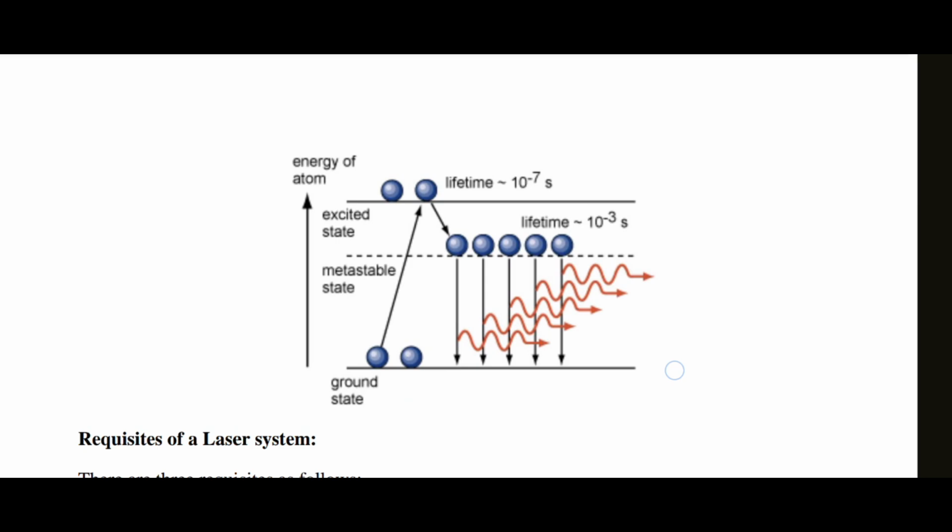Thus, population inversion cannot be achieved. For establishing population inversion, the excited atoms are required to stay there for an appreciable time. Such long-lived upper-level states are called metastable states. Atoms stay in a metastable state for up to 10 power minus 6 to minus 3 seconds. The metastable population can exceed the population of the lower level and lead to the state of population inversion.